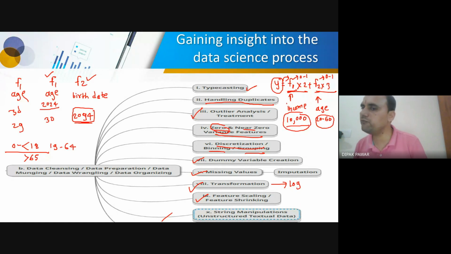The weightage is given to the f1 feature, as f1 has a larger value. To avoid this discrimination between both features, we convert f1 into the range of 0 to 1, and we convert age again into the range of 0 to 1. Now both are in the same range, so they provide equal weightage in deciding the value of y. That is the basic idea behind feature scaling.